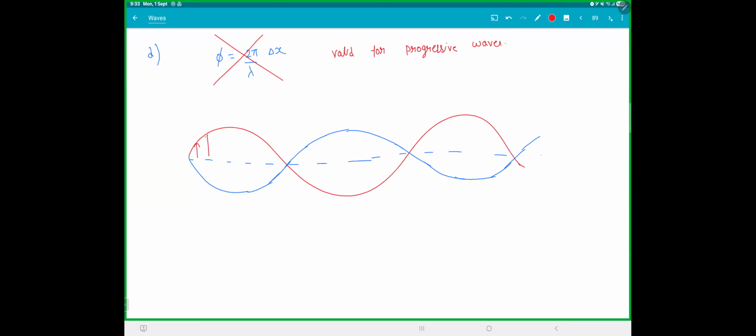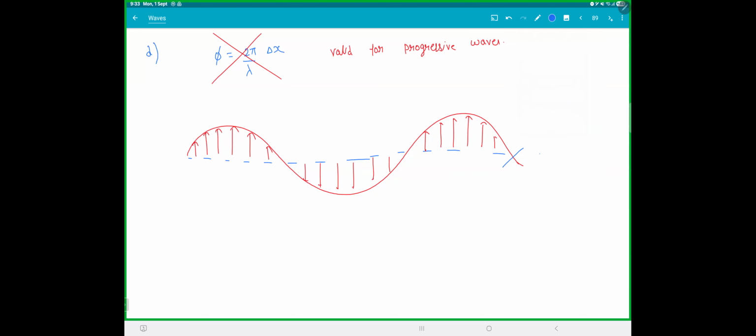If you see, all these particles in the first loop are going up. Here, all these red ones are going down, and here this is going up. Remember, these are the positions of the string at different times. If I remove the blue one, that will make it more clear. This is how the string would be at some time. Later on, it will become the blue color. That means all these points will come down, all these points in the second loop will go up, all these points in the third will come down, and so on.